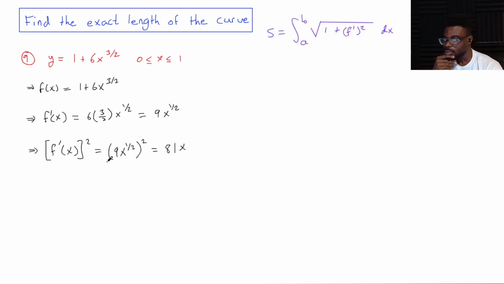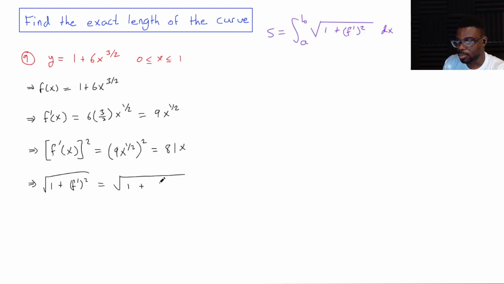Okay, so at this point what we want to do is we're going to add 1 to it and take the square root. Right, so our square root of 1 plus f prime squared is the square root of 1 plus 81x. And now all we have to do is integrate this from point A to point B, right?